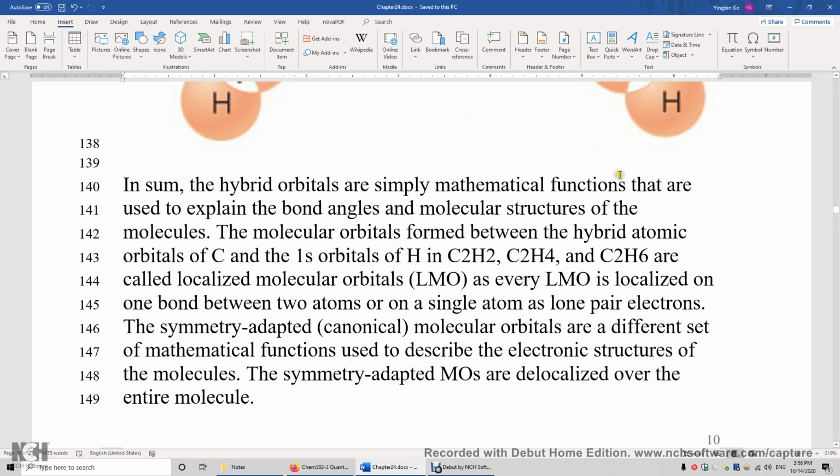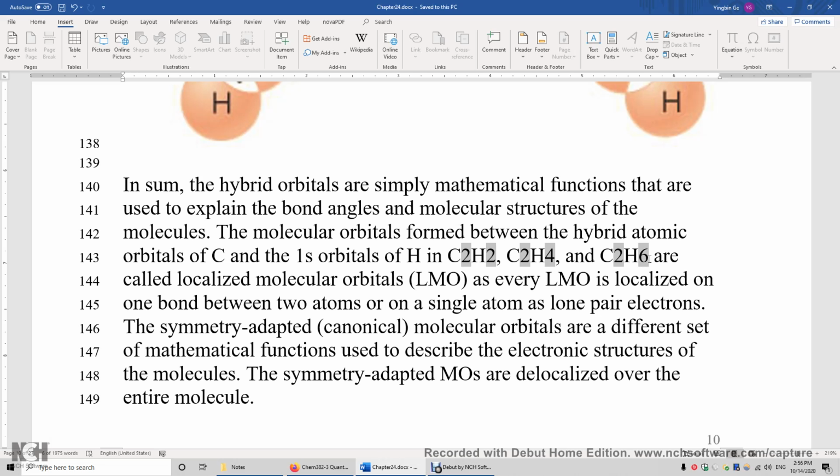The molecular orbitals formed between the hybrid atomic orbitals of carbon and the 1s orbitals of hydrogen in these 3 molecules, ethyne, ethene, and ethane, are called localized molecular orbitals. Alright, so I want to emphasize this. If you are looking at the hybrid orbitals centered on the carbon atom, it's still an atomic orbital.